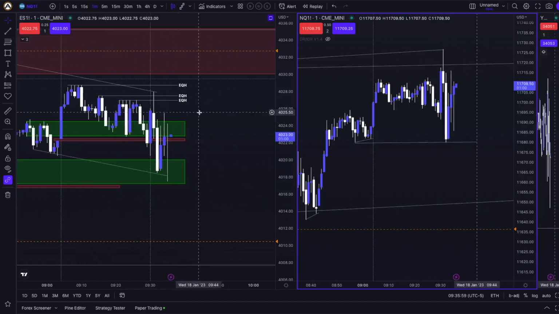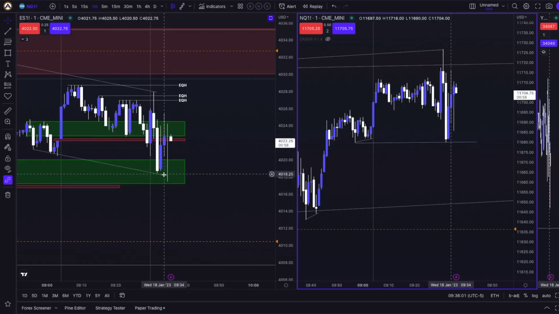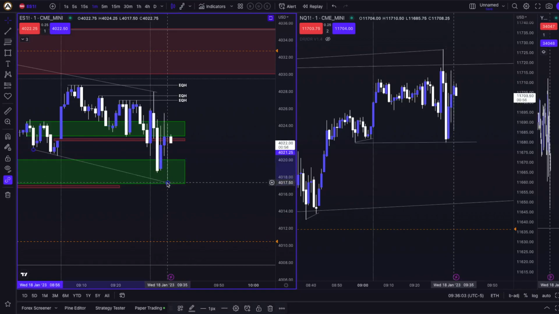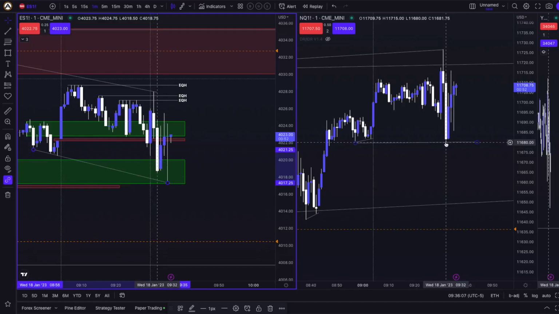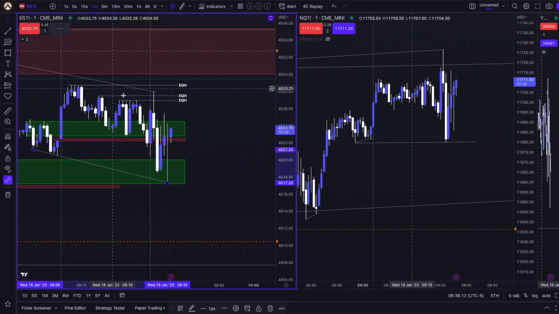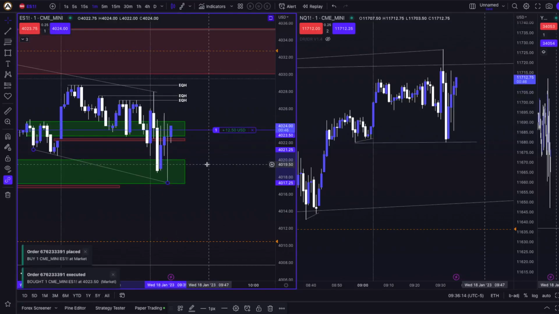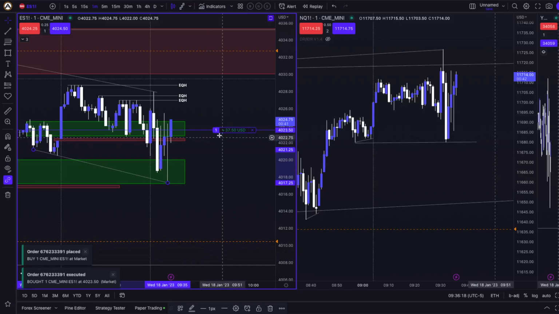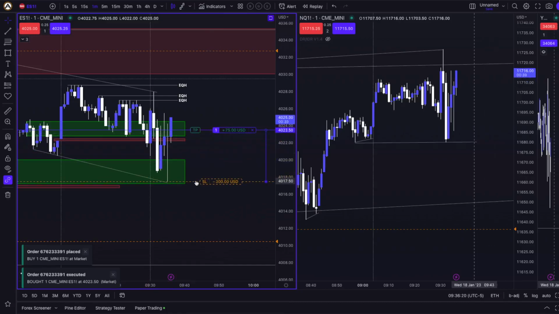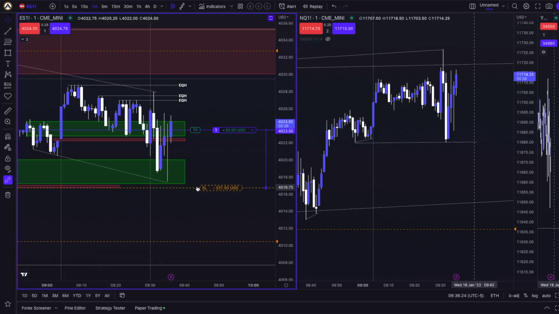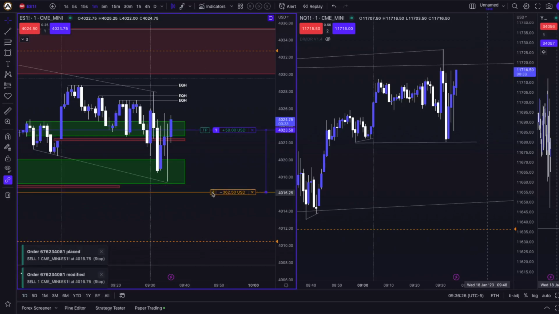Alright, so again, an immediate reaction to the upside, even more S&T divergence forming now, with the S&P making a new lower low, and it's not matching up to the Nasdaq. So based on that S&T divergence, I'm going to get into a little paper trade right here. Our stop loss below the low right here, 33.75.